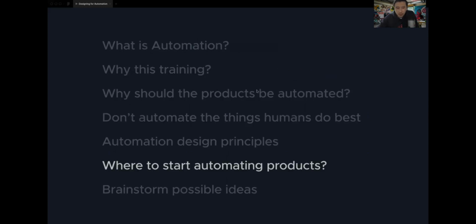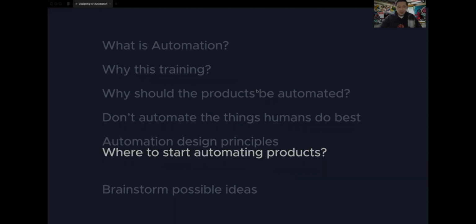So next, now we know what automation is, why products should be automated, what we should automate and what we shouldn't, and we know automation design principles and where to start automating products.